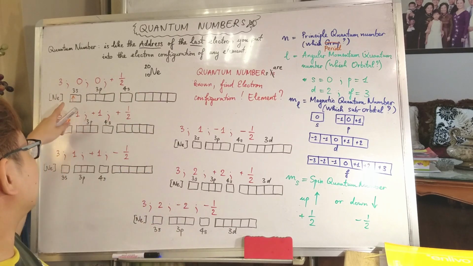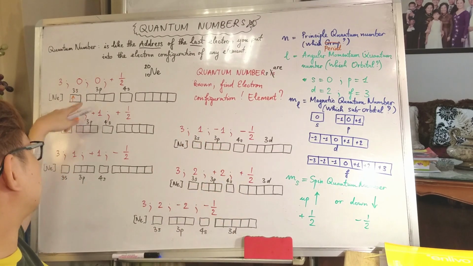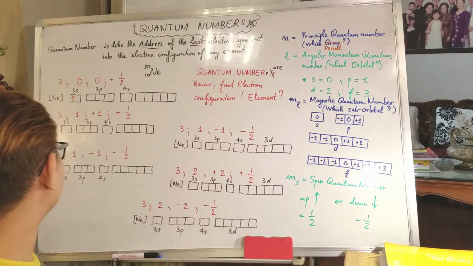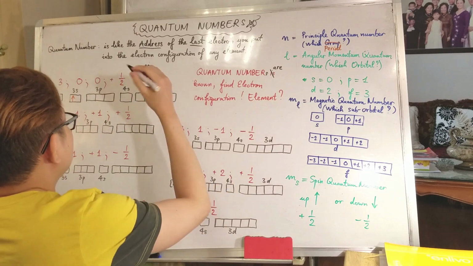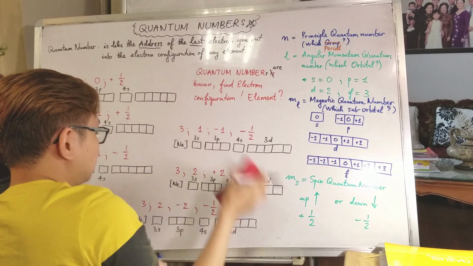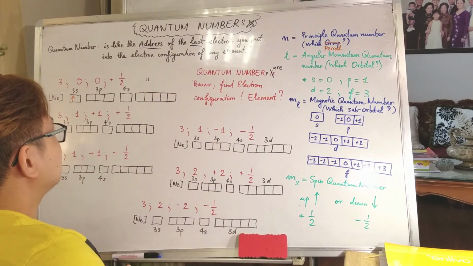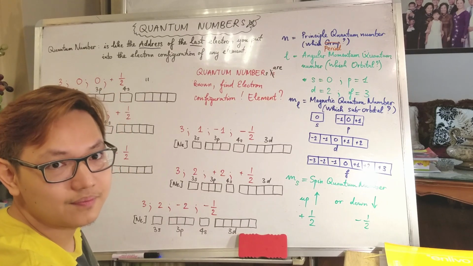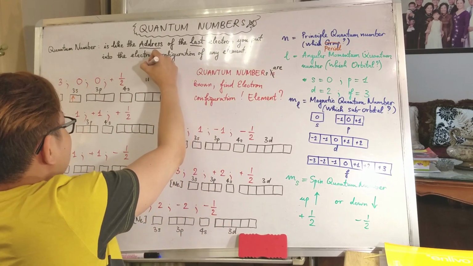So it means this element has neon plus 1 electron. So this element will be 11. Check the periodic table. What is element number 11? Sodium. Yes, very good. It's sodium.